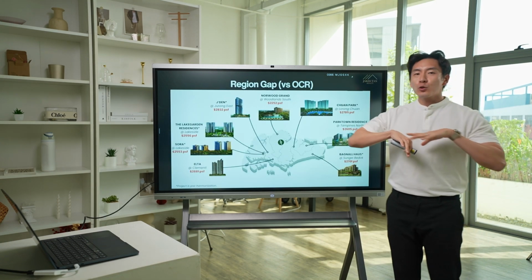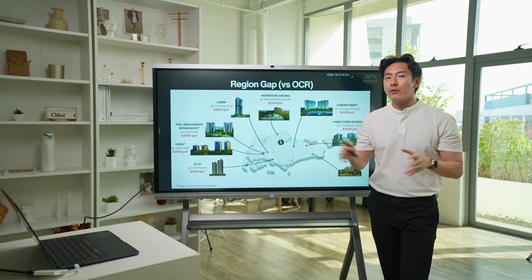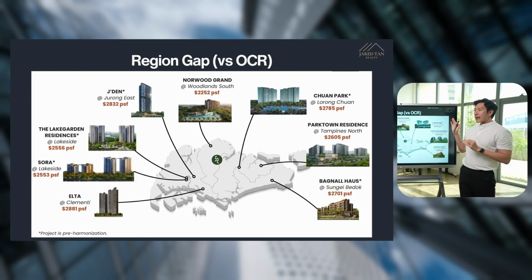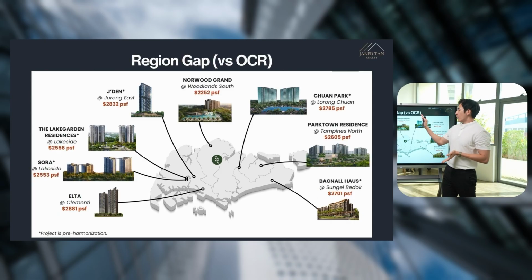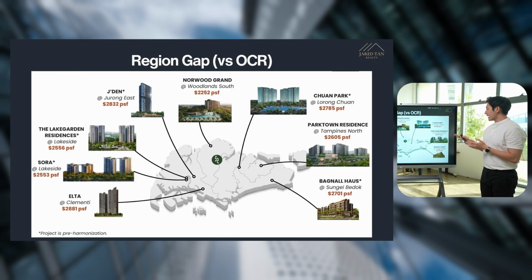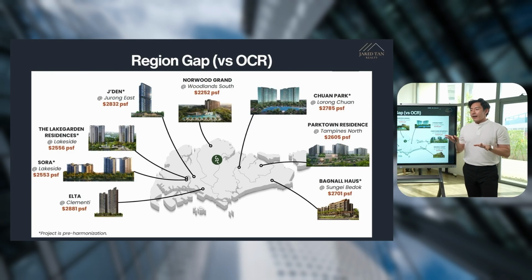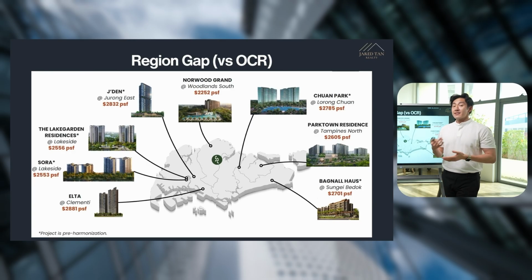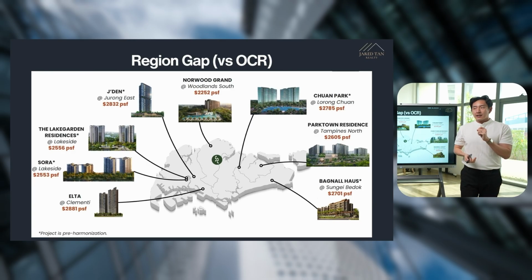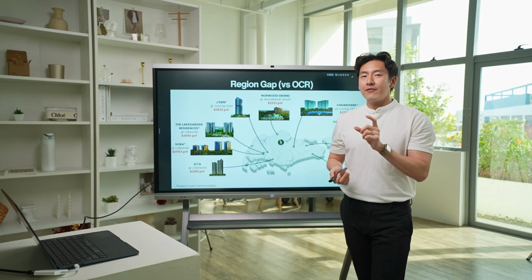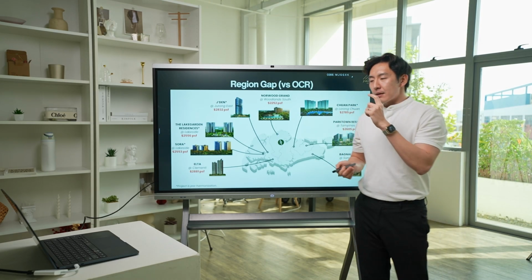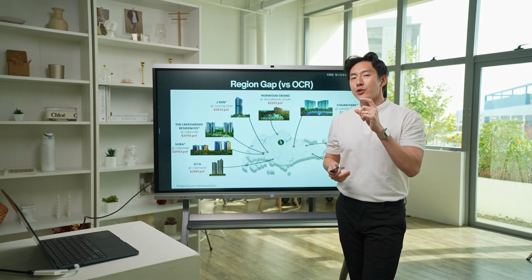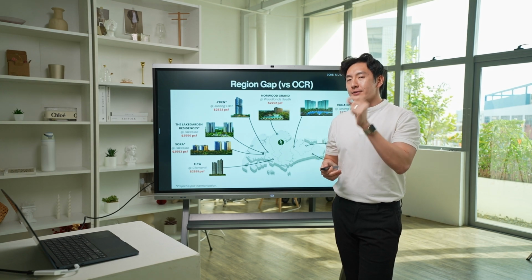And if I look at the entire landscape of the outskirts region, you will see that there are already record prices transacted around the whole region for the north, west, and even the east, all doing about $2,005, $2,006 PSF, very close to what Aura is doing at $2,007. So this is what I really like about how low and undervalued we are entering the product at. If there was anything important, it is about the right entry price and making sure that you're not too far away from your outskirt counterparts.